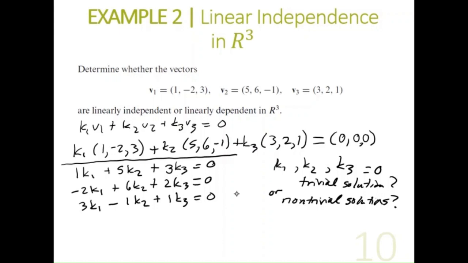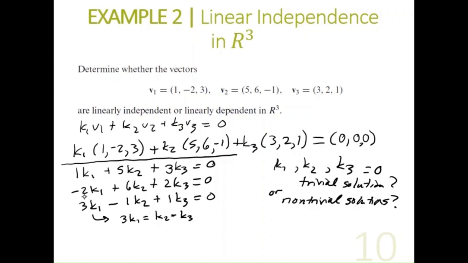So maybe if I start with this third equation down here, I say, okay, well, 3k1 equals negative k2 plus k3. And then obviously you'd divide each side by 3, and you'd have at least a value here for k1.